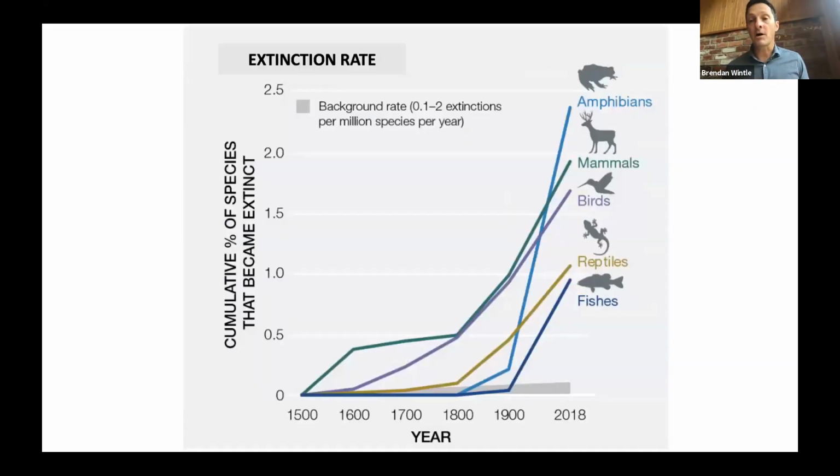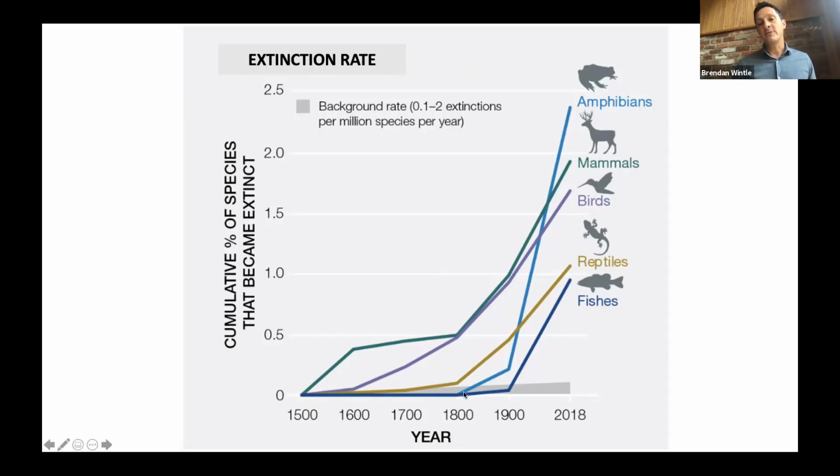Drilling down a bit into the biodiversity question, this graph here on the x-axis is the years, and on the y-axis, it's the cumulative percentage of species in these broad taxonomic groups of amphibians, mammals, birds, and reptiles that have been lost over this period since the 1500s. And so if you look at mammals there, you can see there's been this fairly consistent, almost linear loss of mammals over that period, due to overexploitation, persecution, and habitat loss.